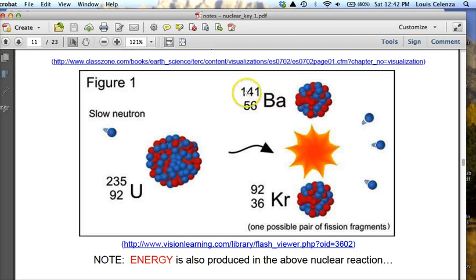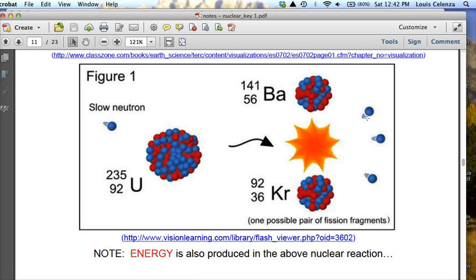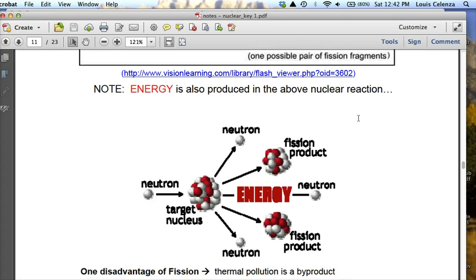In this particular case, it breaks apart into a barium atom and a krypton atom, and it gives off three additional neutrons. And those three neutrons could then hit three other atoms and continue the process. And this is again just going through it from a different perspective.